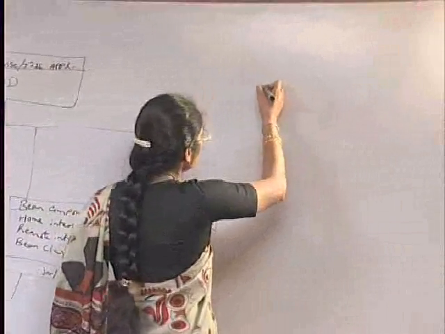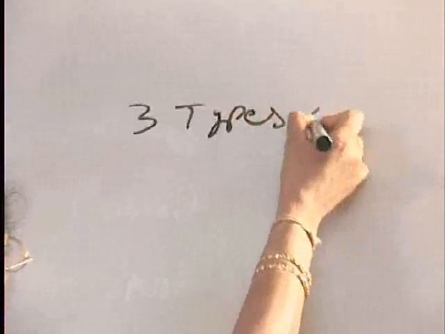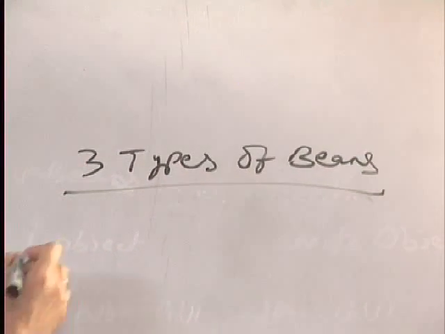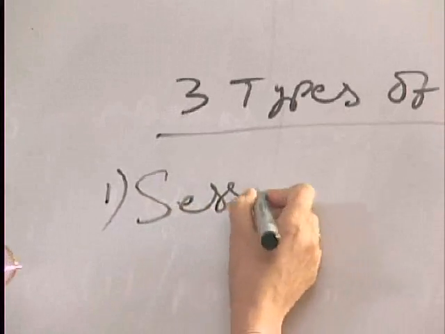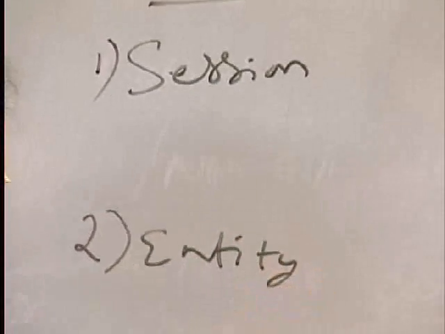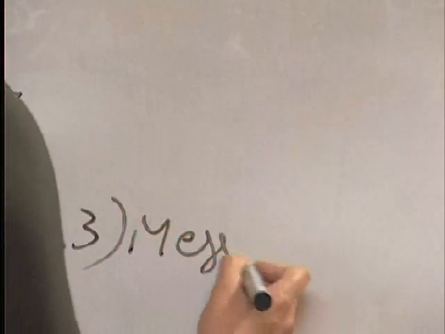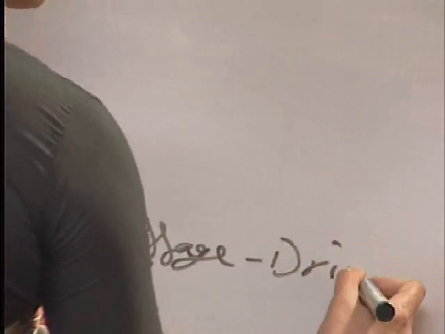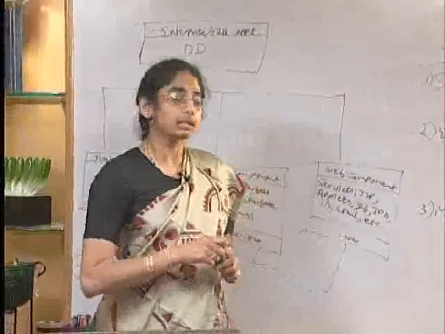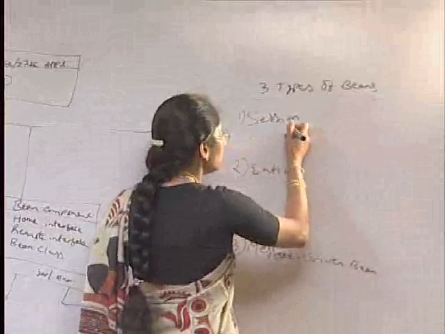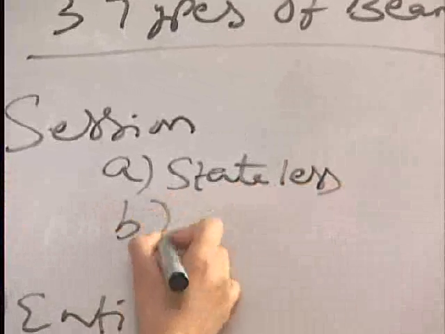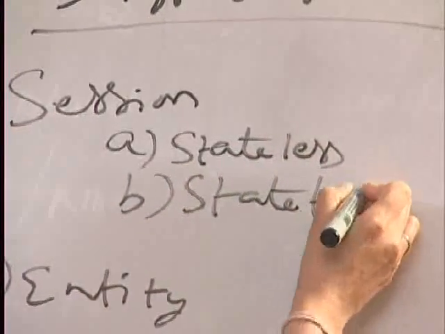There are totally 3 types of beans that you can write in a broad sense, which are called the session bean, the entity bean, and the message driven bean. The session bean is divided into 2 types: stateless and stateful.